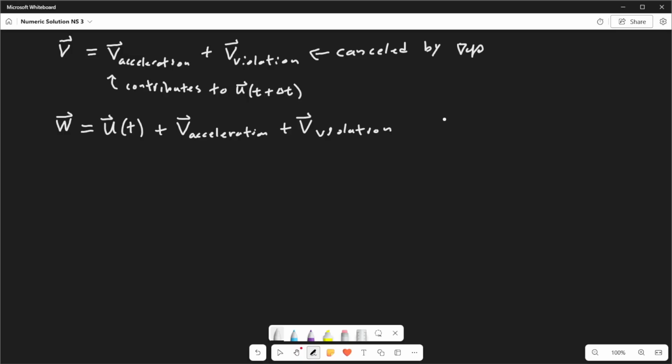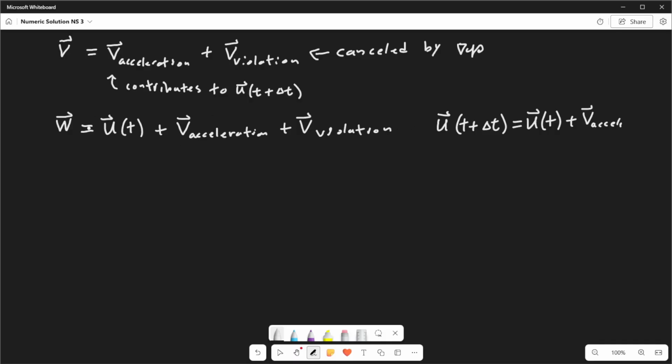And then I'm basically defining, by definition, U vector at T plus delta T to equal the U vector at T plus the V vector acceleration. So this part is the permitted part.